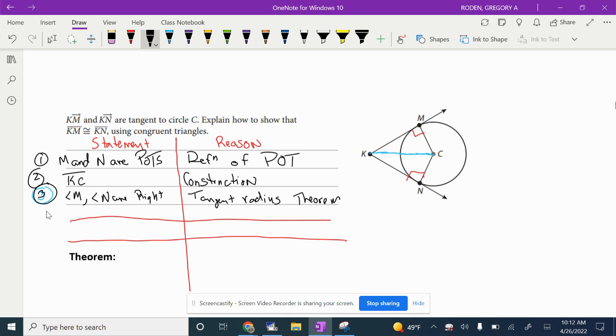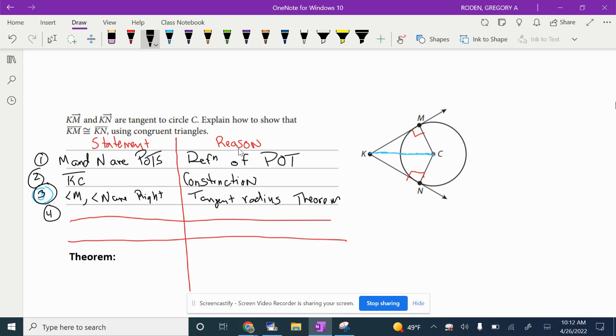Okay, Kaylee, pull me another stick. What's step 4? Sophia. Okay, think about your congruent triangle stuff. What's another piece of information we could state here, Sophia? That MCK and NCK are equal to each other. Why are they congruent to each other? Because KC is a bisector.